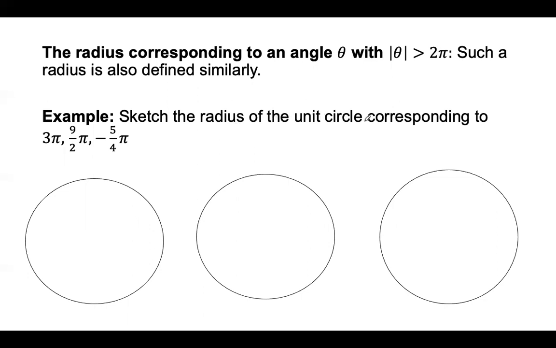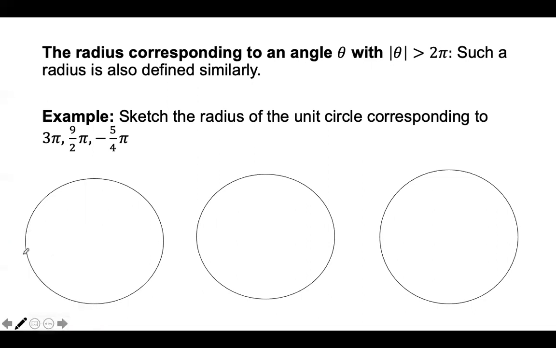Sketch the radius of this unit circle corresponding to these values. I'm not the best circle drawer, as you can see. So I already had this filled in. Oops, and I can't draw lines either.